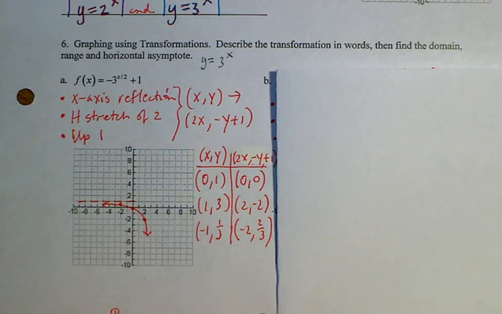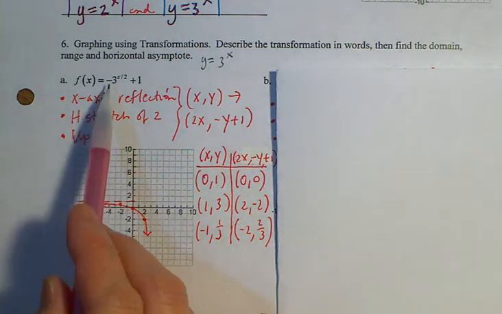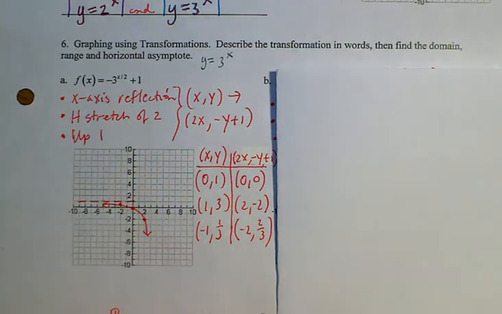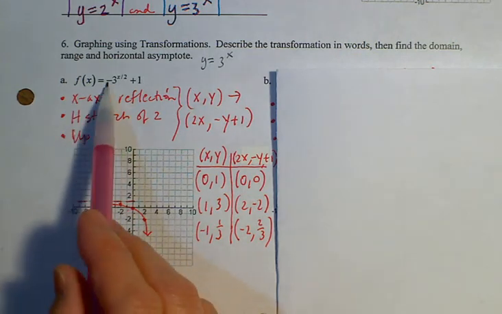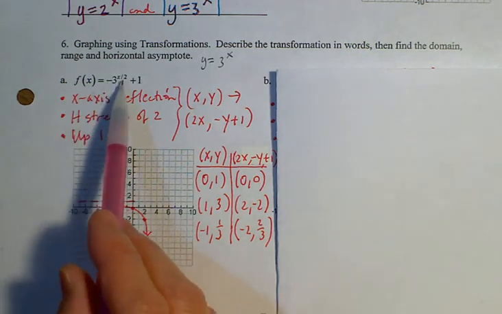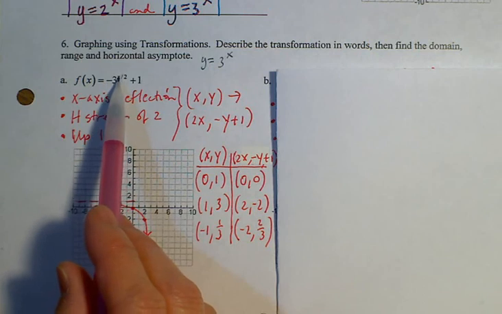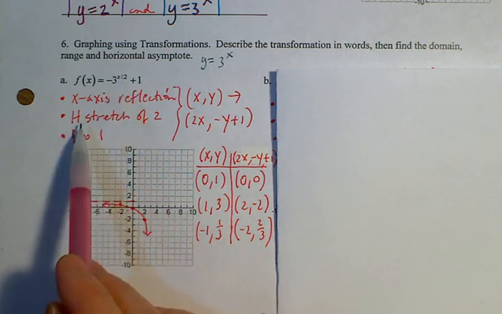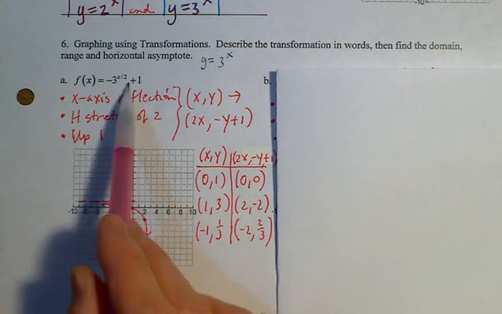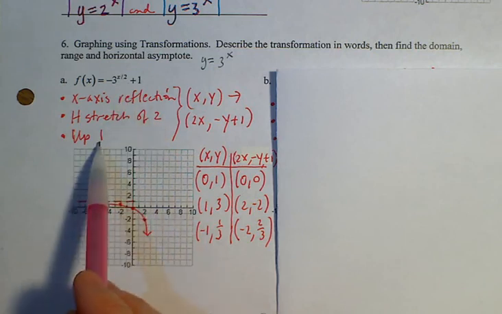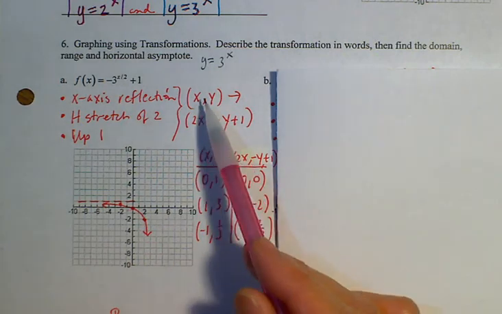The things that are going to change are: the negative here makes it an x-axis reflection. Then this is the same thing as saying 1/2 x in the power, so this will be a horizontal stretch of 2. And the plus 1 makes it go up 1. I'm going to write this out as a mapping.